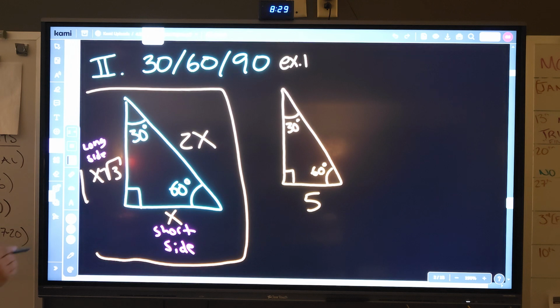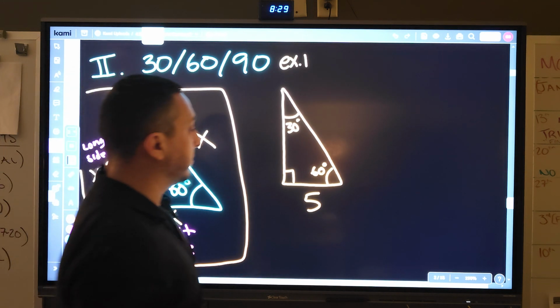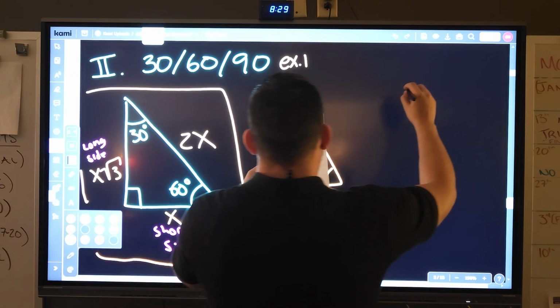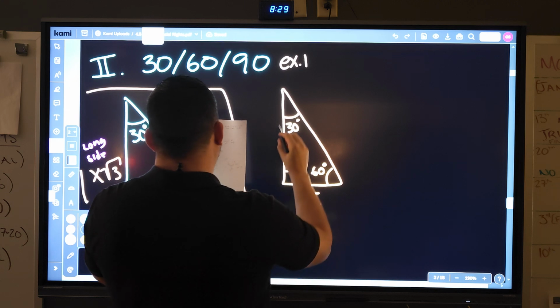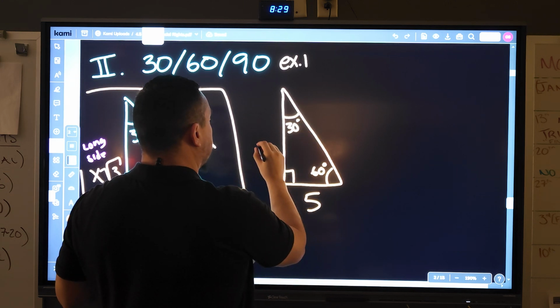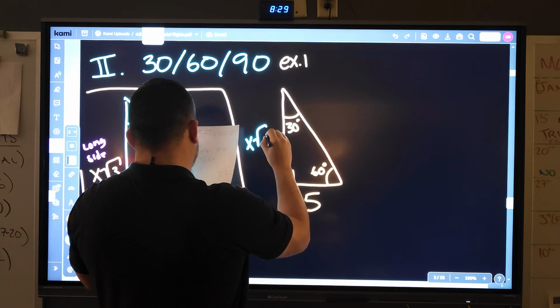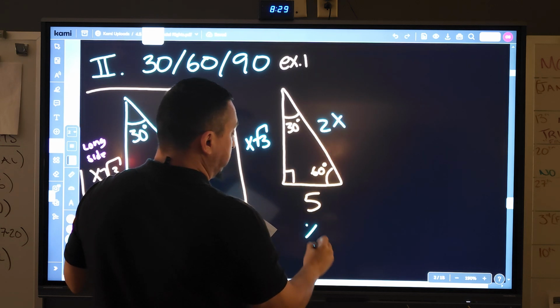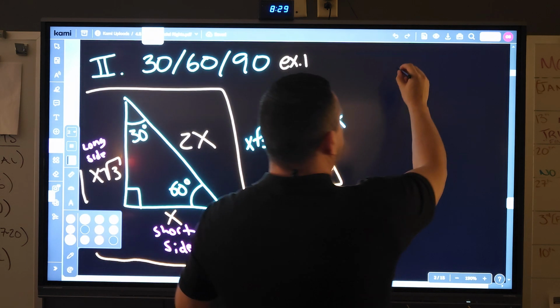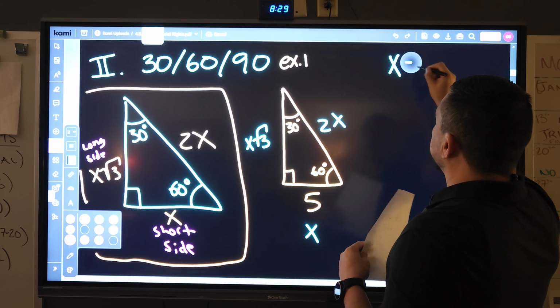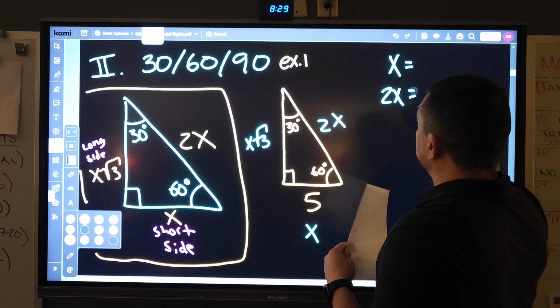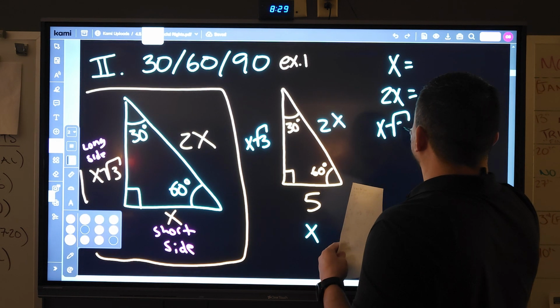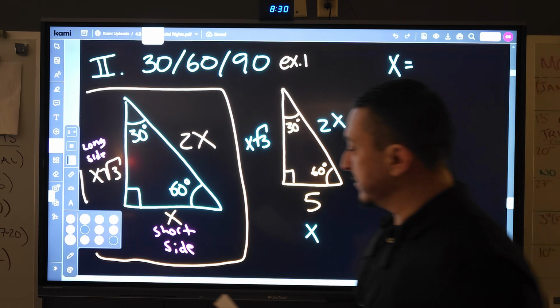But for this one, I would really strongly recommend you set up the sides. We know the 60-degree side has to be x square root of 3, the hypotenuse has to be 2x, and this side has to be x. Those three things I would set up over here: x, 2x, x square root of 3. And then I would just work backwards.